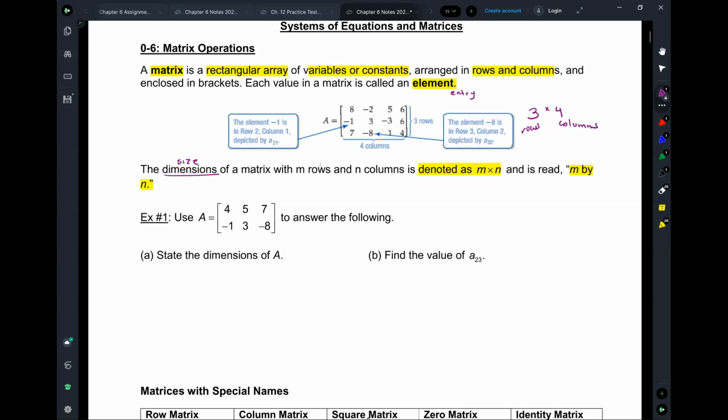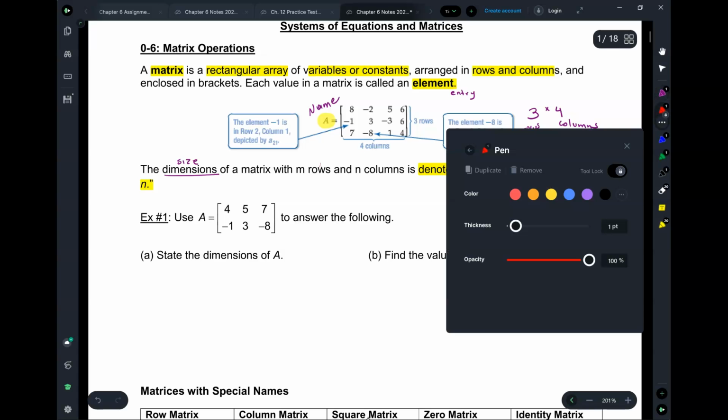So imagine if instead of calling you guys by your names, I said, okay, student 2-1, or student 3-2, or student 4-3, right? That's sort of what we're talking about. So the name of a matrix is given by a capital letter. It could be A, B, C, D. So this is matrix A.